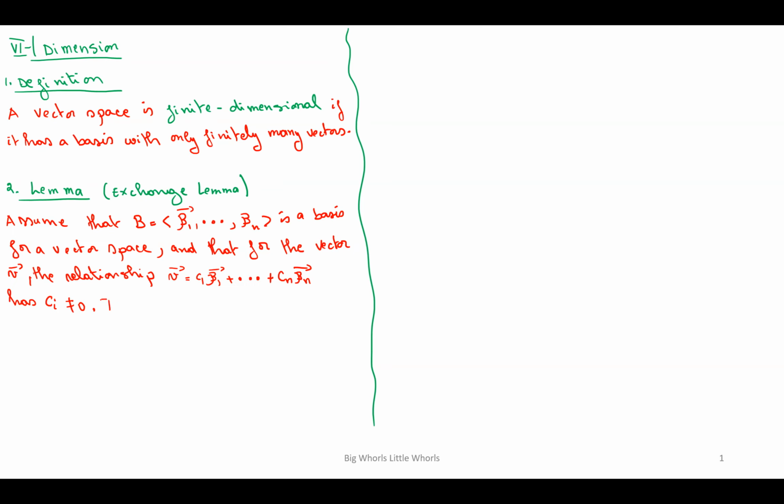Then exchanging any beta i for the vector V leads to another basis for the space.